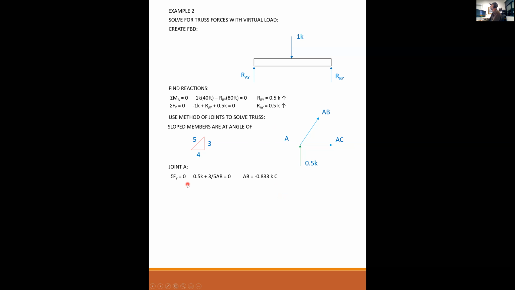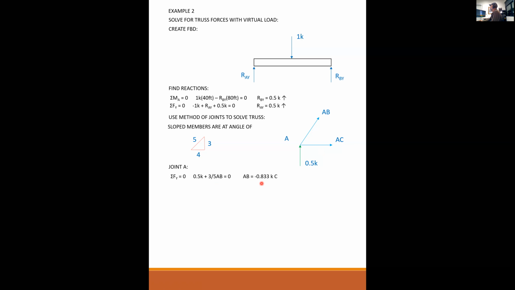So I'm going to sum my forces in the vertical equal to 0. I have my positive half kip. My vertical component of AB is 3/5 of AB. So I have half kip up. Oh, and by the way, if you remember, always draw all of your unknowns as if they're in tension. Assume they're in tension, draw them in tension, and if you get a negative, like we do for AB, then that tells you it was actually in compression.